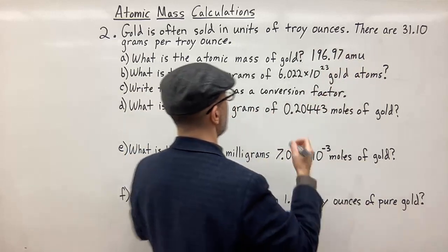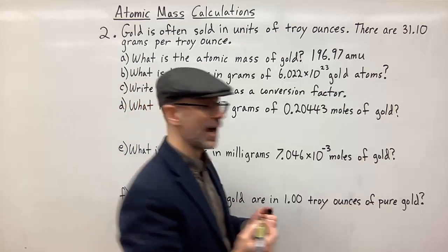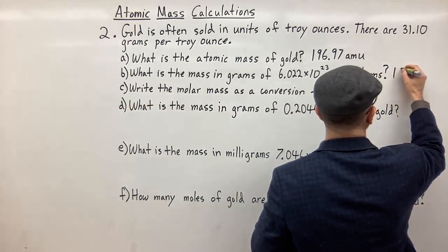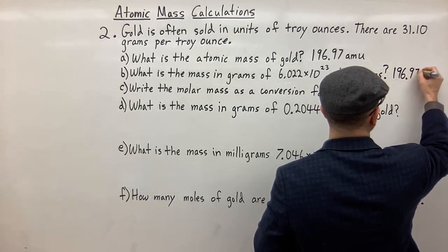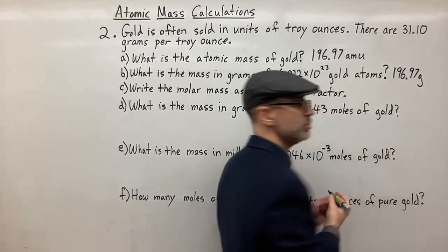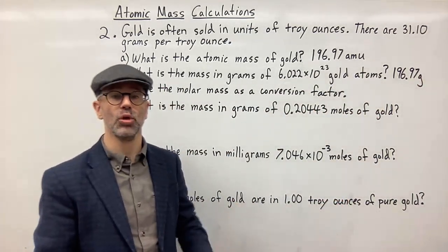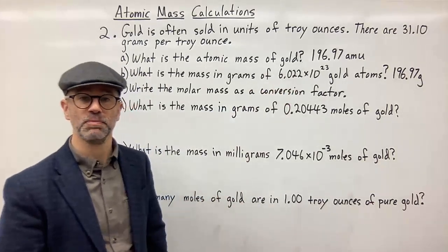So that is going to be 196.97 grams. That is the mass of 1 mole of gold atoms, 6.022 times 10 to the 23rd.